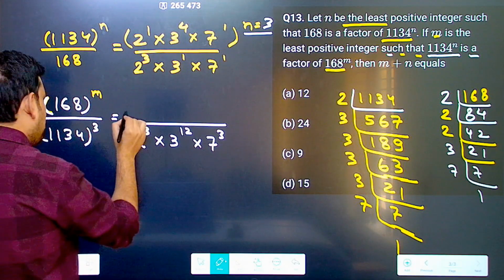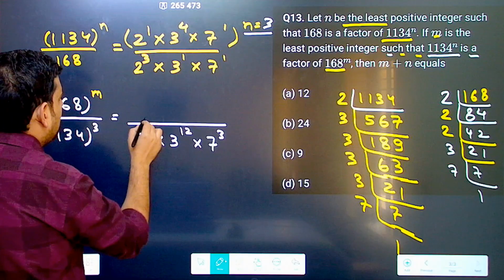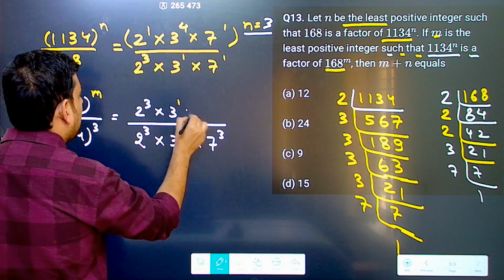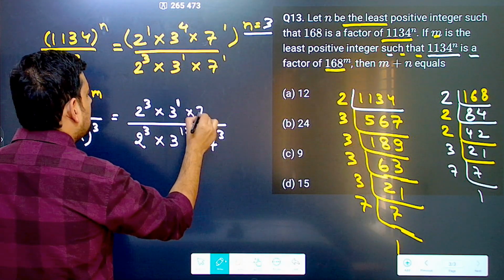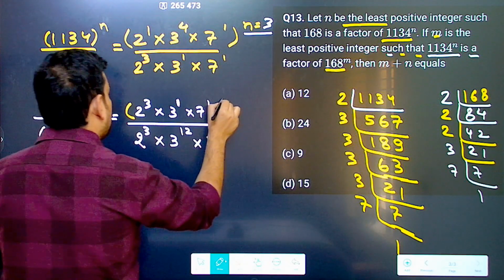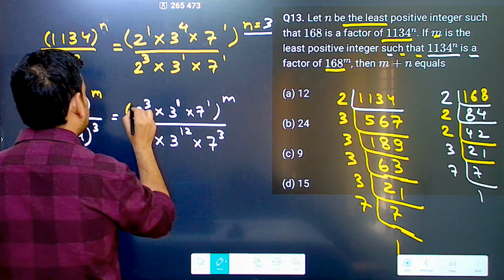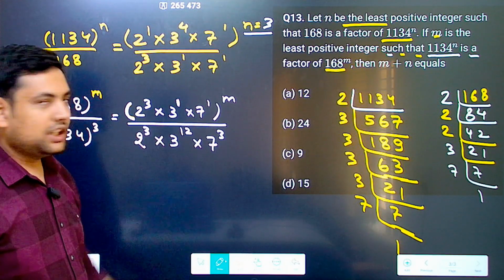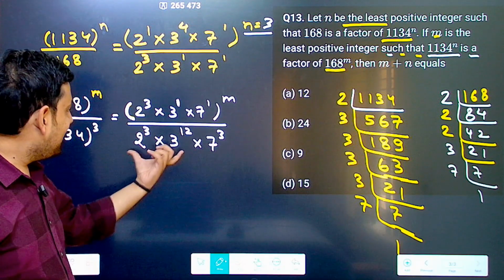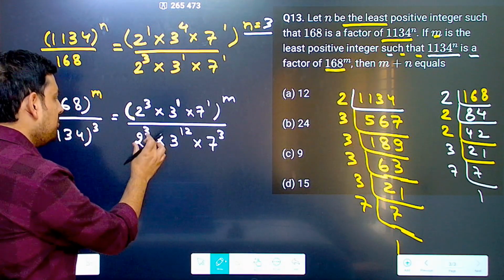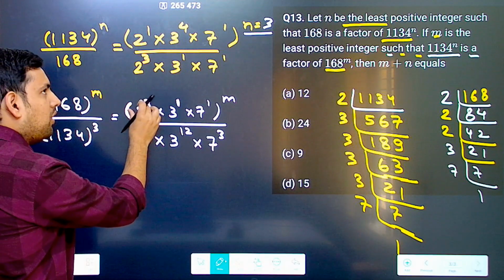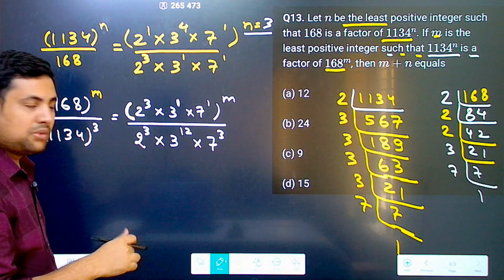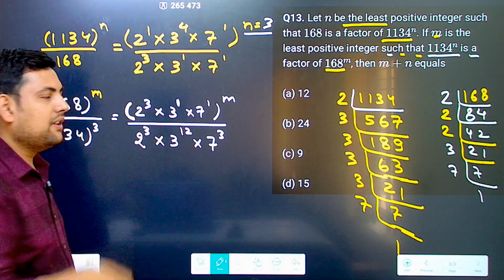Now above this what I have is 168 power m, correct? So this is 2 power 3 into 3 power 1 into 7 power 1, the whole power m. Now what do you think? Again everything that is here must be contained here, correct? Everything that is here must be contained here. Now 2 power 3 is here, 2 power 3 I already have here. 7 power 3 is required, but I don't have it here. But 3 power 12 is required, I have only 3 power 1.